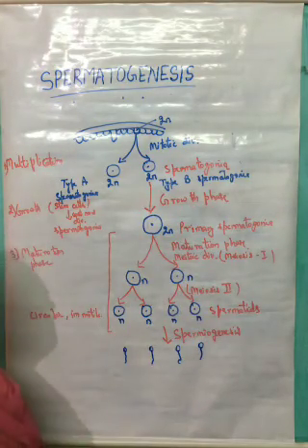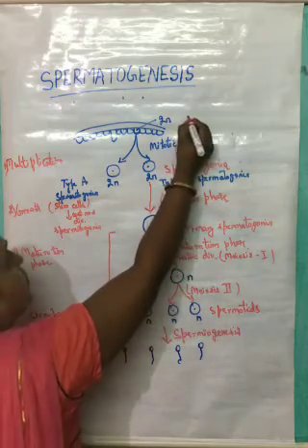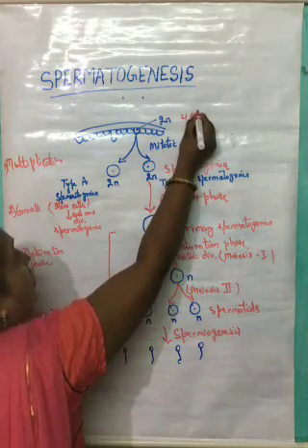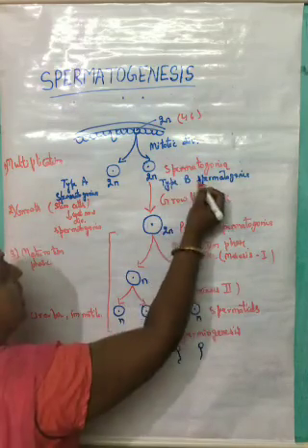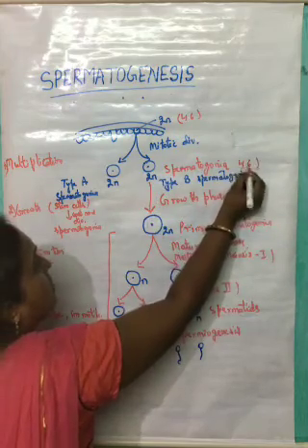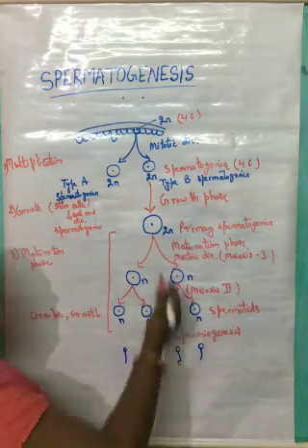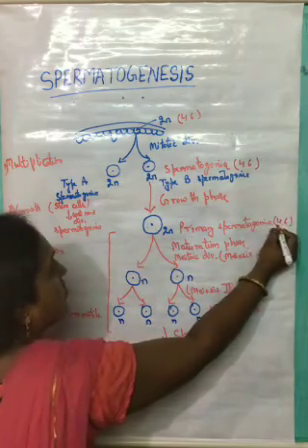Now we can take the case here, whenever we are talking about 2n in case of human being, it means it is having 46 chromosomes, and here in case of a spermatogonia, again it is having 2n, that means it is having 46 chromosomes. It will undergo growth phase, again here it is having 46 chromosomes.